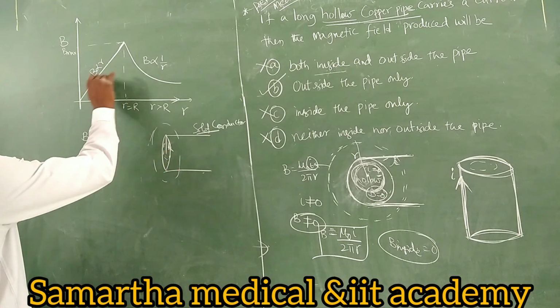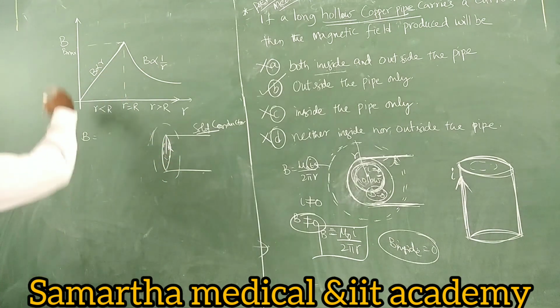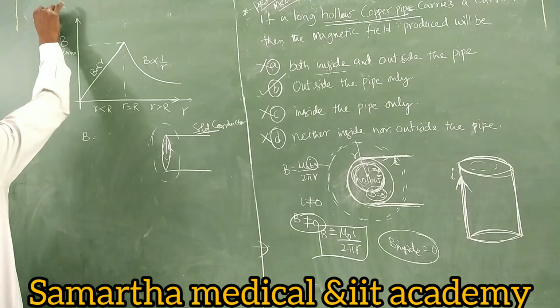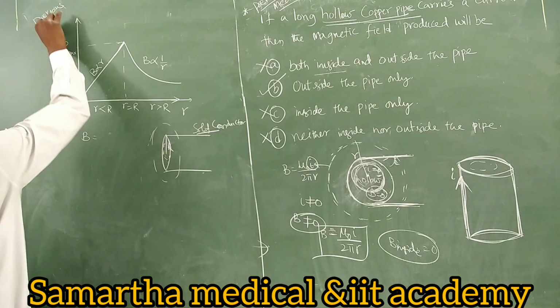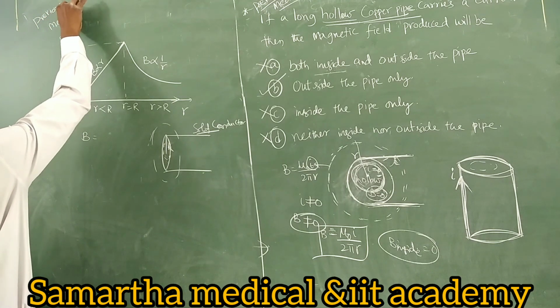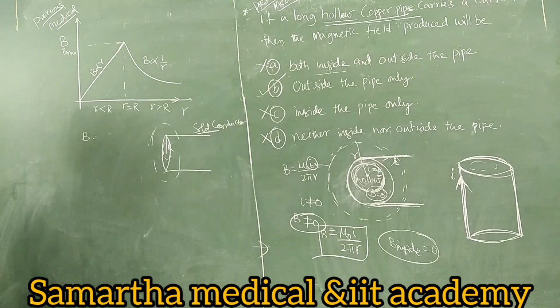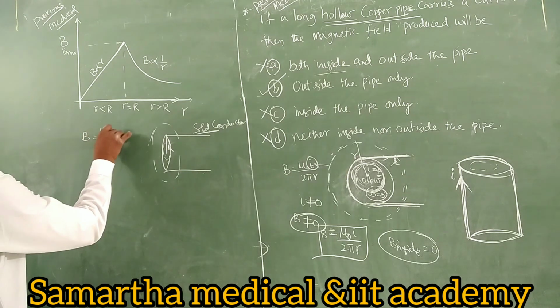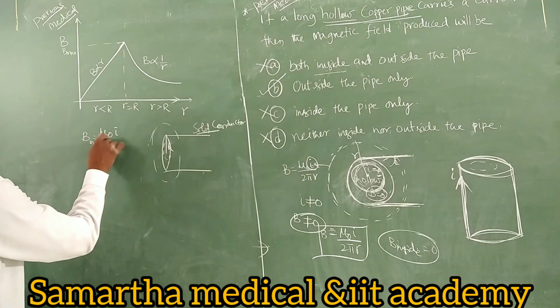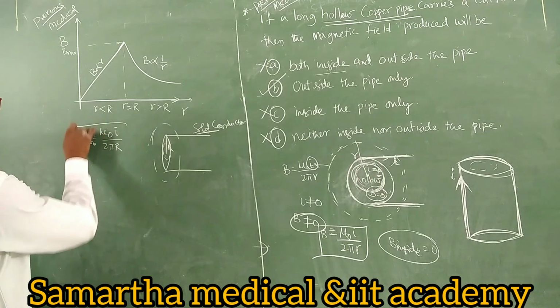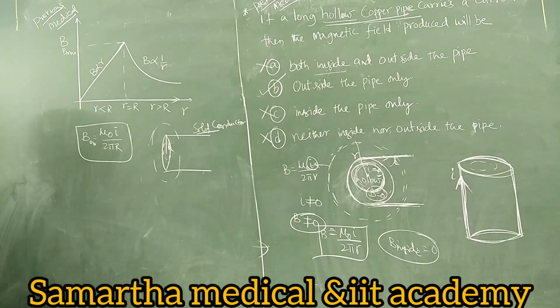So based on that, this graph, they asked a previous medical question. That was asked in 99, very long back, once upon a time. B is equal to mu naught I by 2 pi r, that's the maximum value here.